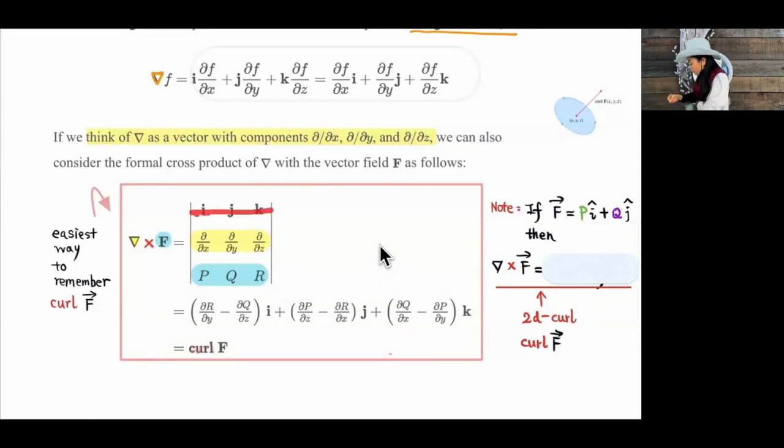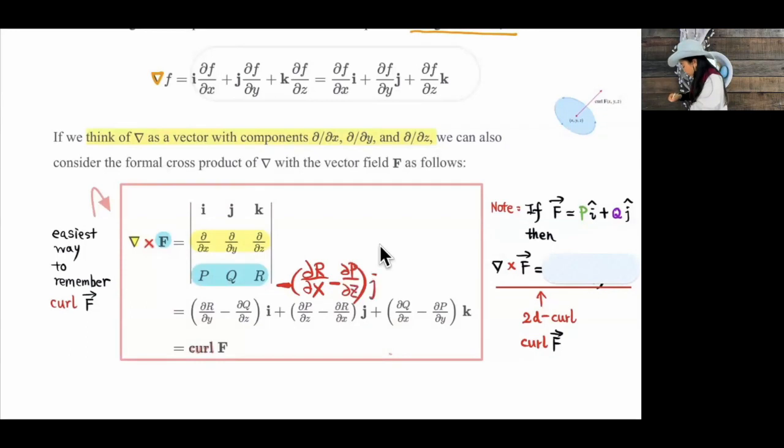Then you cross out the row and column that contain j and take the determinant of the submatrix, which is the partial derivative of R with respect to x, minus the partial derivative of P with respect to z.